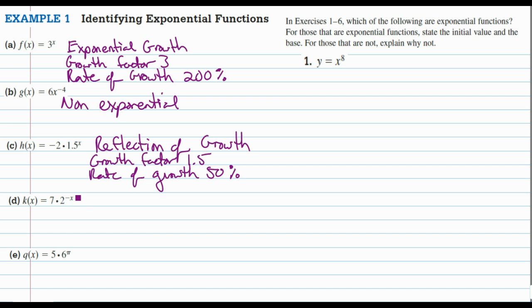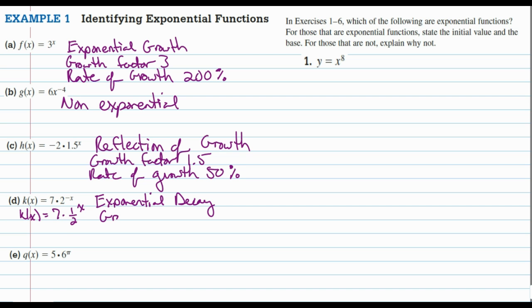Now D is tricky. Remember we talked about the negative exponent and the horizontal flip over the y-axis? So the first thing I'm going to do to part D is rewrite this as k of x equals 7 times, now instead of 2 to the negative x, I'm going to write this as 1/2 to the x power. Now I can see that that is exponential decay because its base is 1/2.